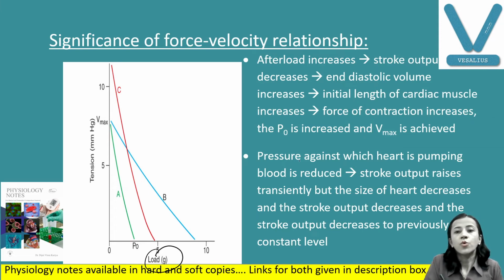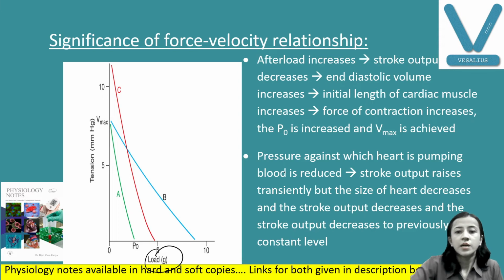Now when the pressure against which the heart is pumping blood is reduced, the heart has to pump against less pressure, so stroke output increases. But this is transient, and after some time stroke output decreases and reaches the previous level.